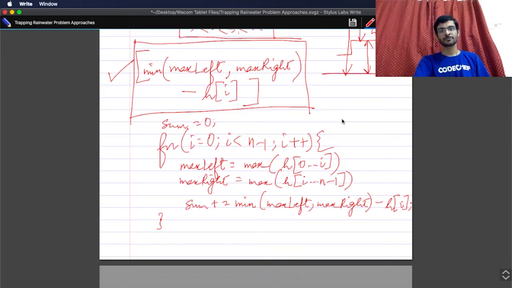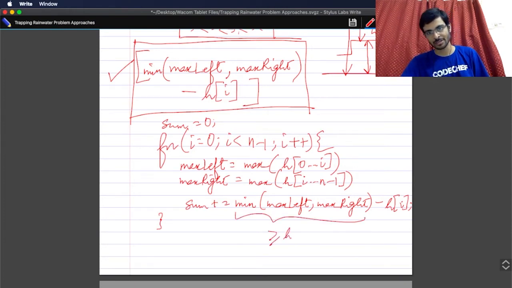Now what if we don't have anything to our left which is greater than us? We know that since we are taking up to i included in both, the lower bound of max left and max right is definitely H of i. It cannot be less than H of i. So this min part will also be greater than or equal to H of i.